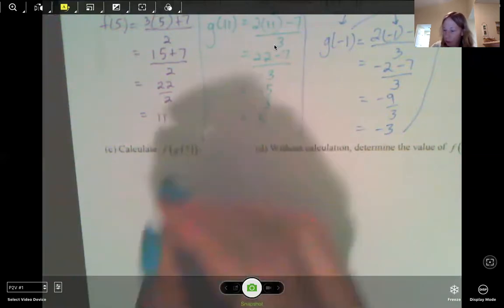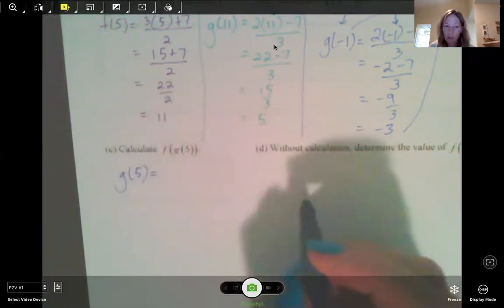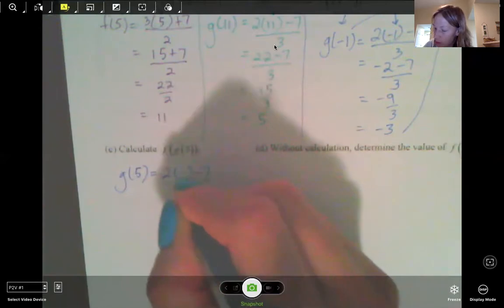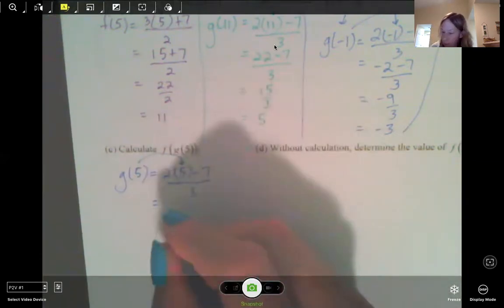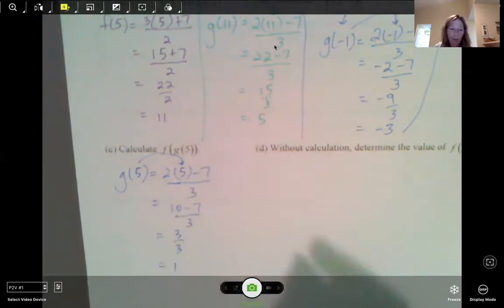And again, we can show that. So if we do g of 5, one more time here, our g function says 2 times x minus 7, divided by 3. So plug that in. We get 10 minus 7 divided by 3, which is 3 divided by 3, or 1.